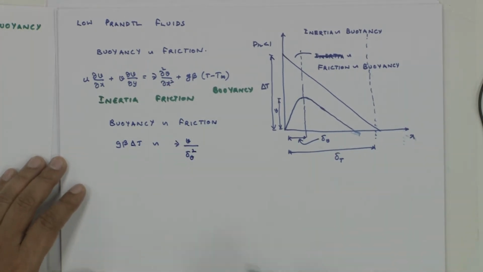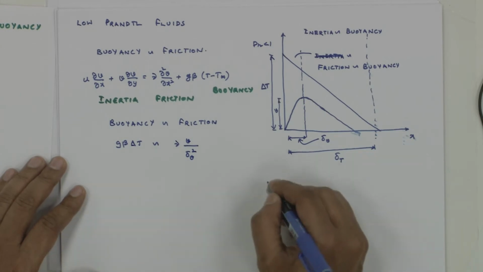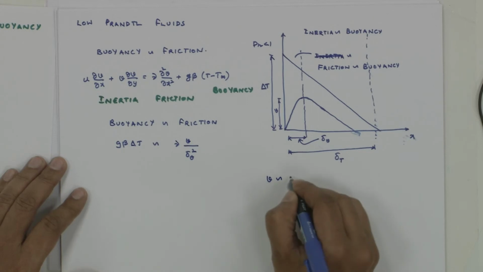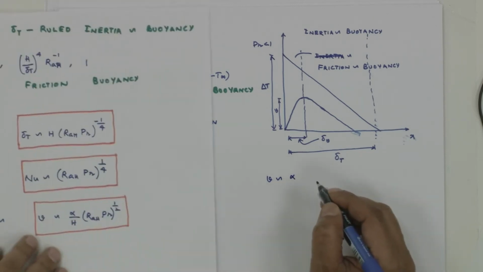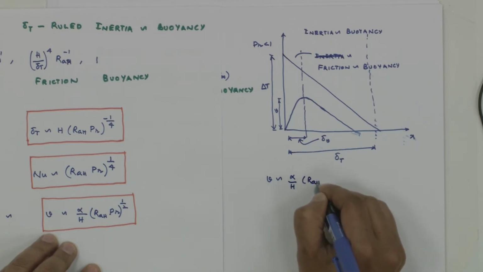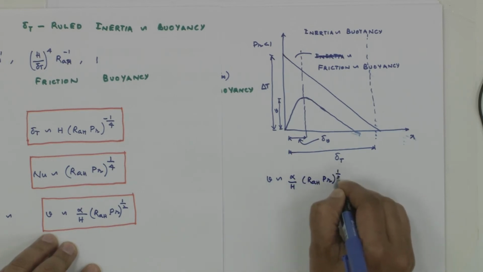Okay, so I know v already. What is my v? V is of the order of alpha by h. We had just now found v is of the order of alpha by h Rayleigh Prandtl to the power of half.